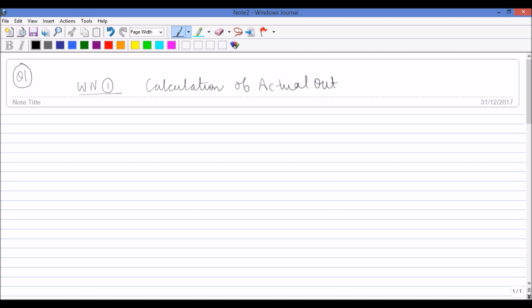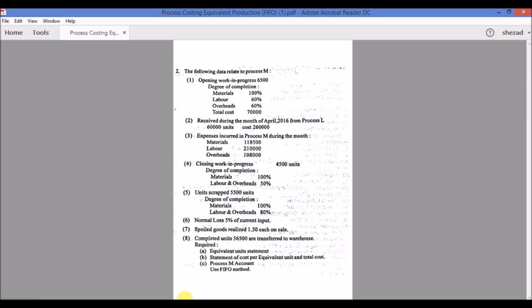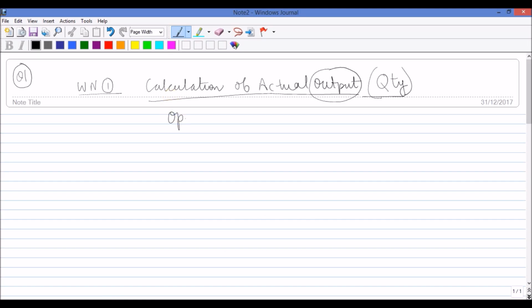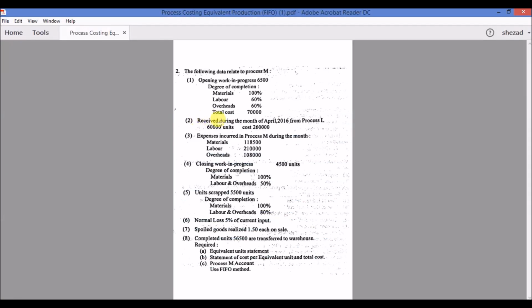Now friends, no need to worry about anything. Now we are concentrating on output, so my target is only to look at quantities. So now we are reading the sum. We have an opening work in progress of 6,500 units. Then we have received during the month from process L 60,000 units.